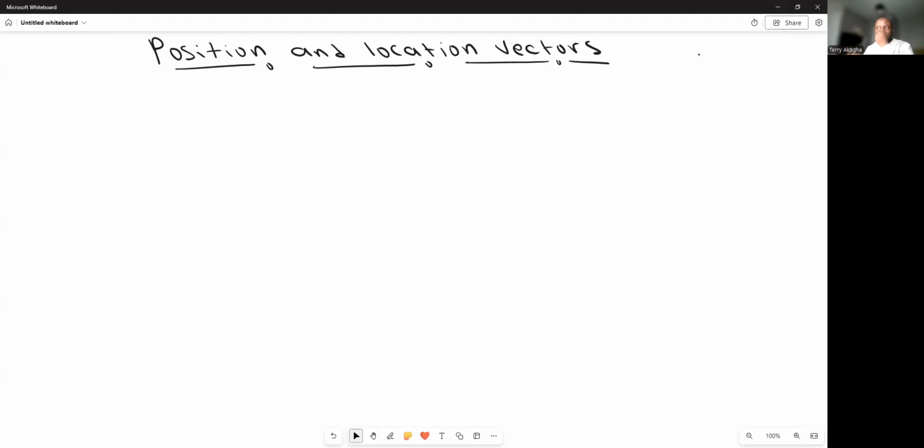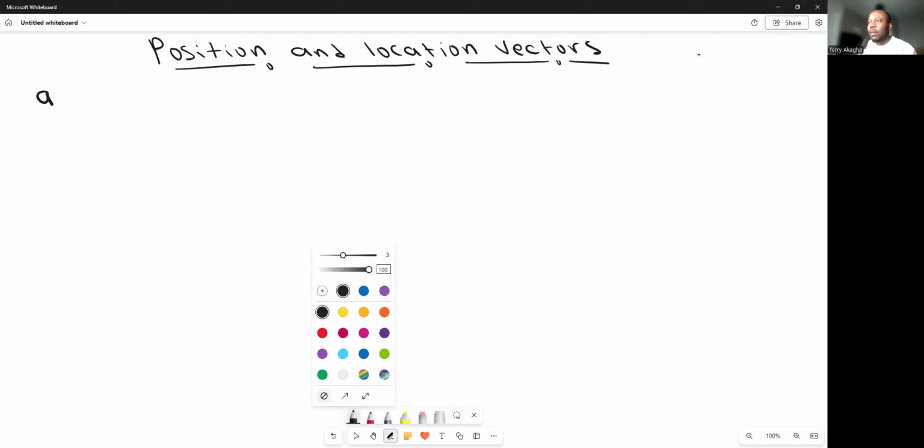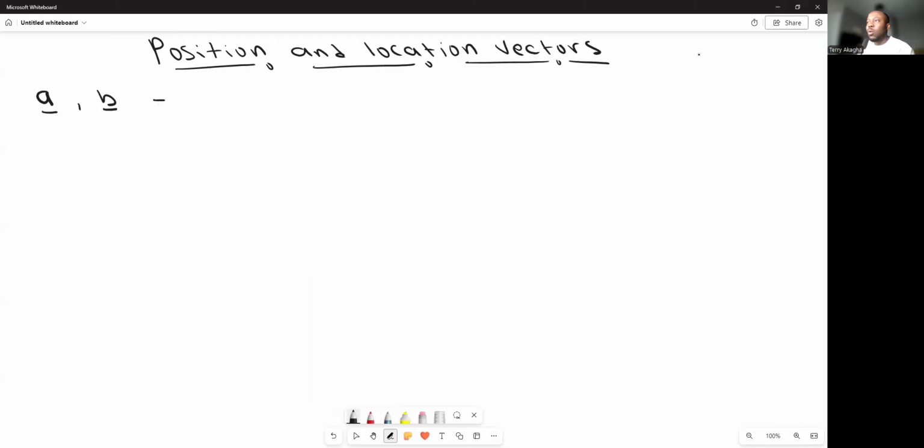Because remember vectors, we have a location vector A, and we have another location vector B, and we are now told to find the vector AB. Is that making sense? How do you go about it? So I'm moving from A to B. I've talked about this in the first part. So how do you do it?